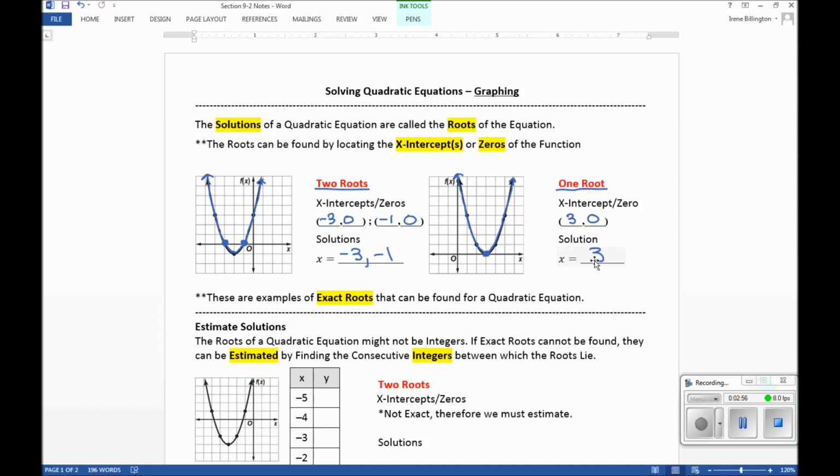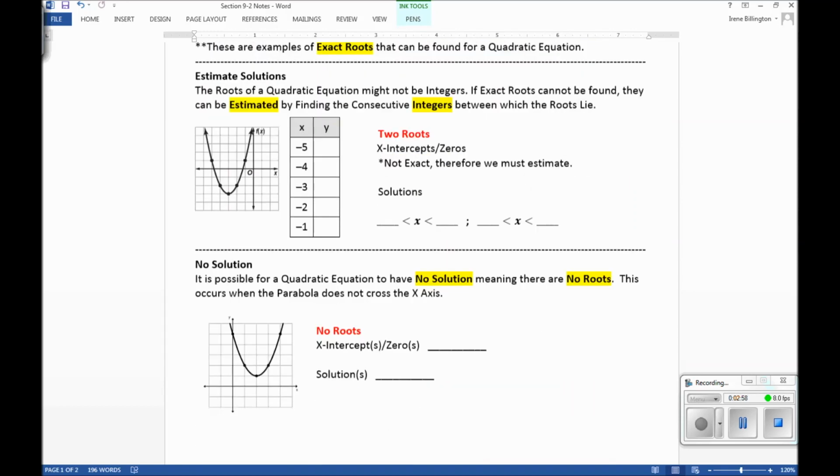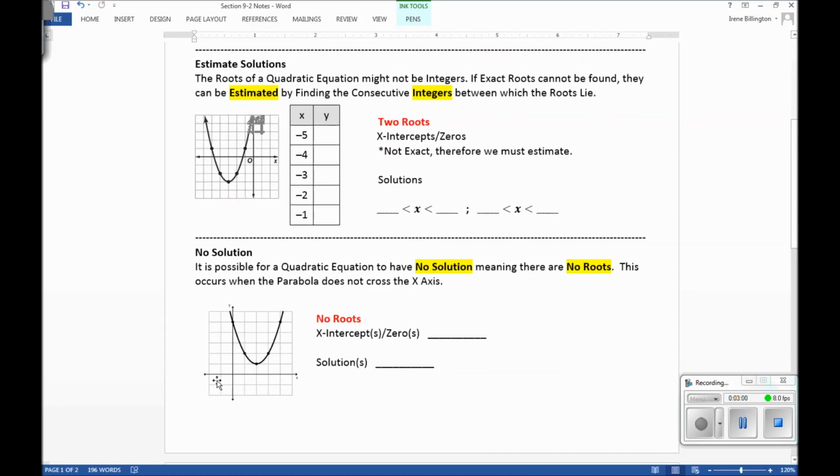But we're not always going to have exact roots. When the roots of your quadratic equation are not integers, we can estimate the solution by finding the consecutive integers between which the roots lie.